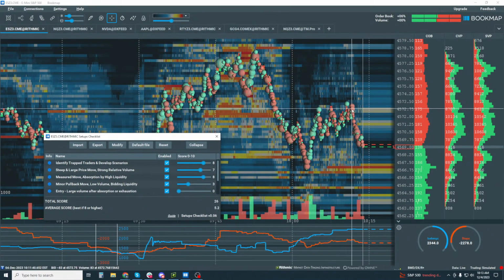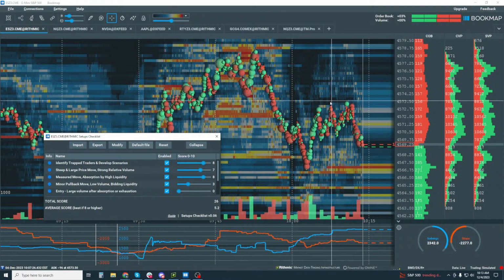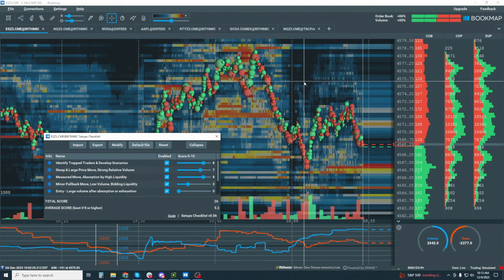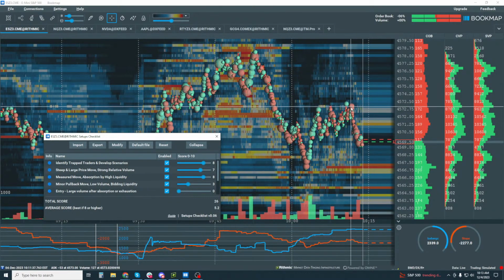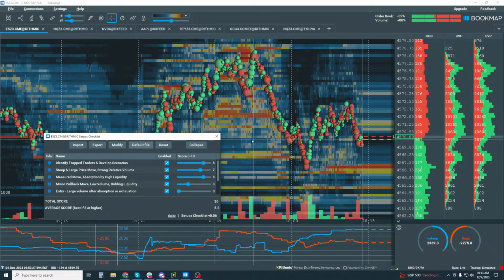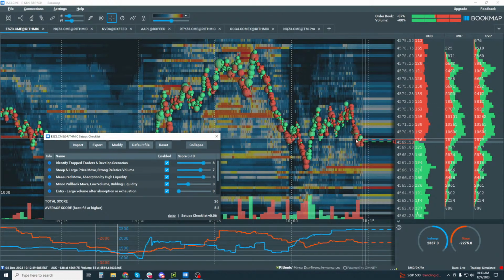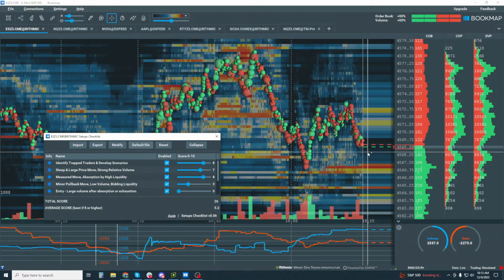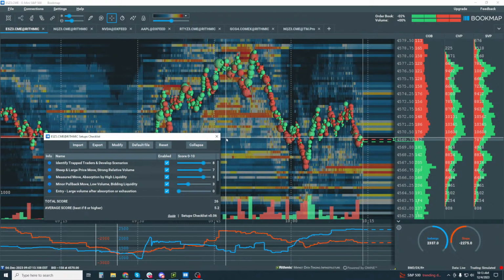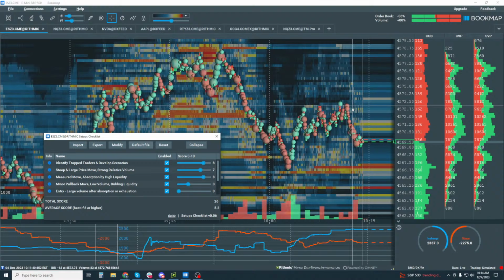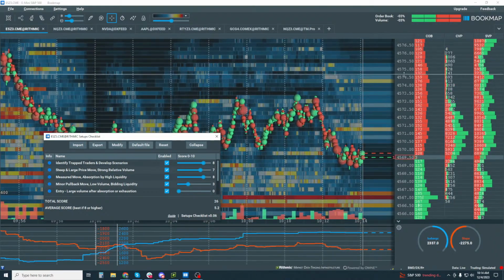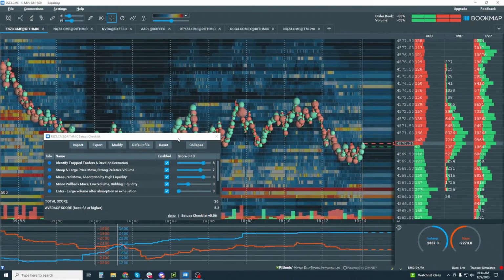So you're looking for this move higher, but the question is, is it strong enough to risk money on? And the answer would be no. It's more likely, but it's not the greatest setup.